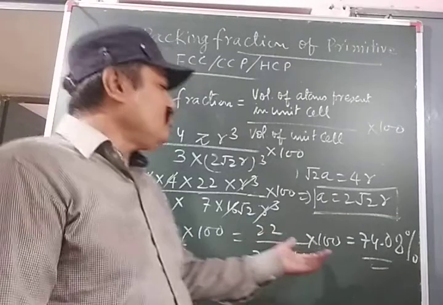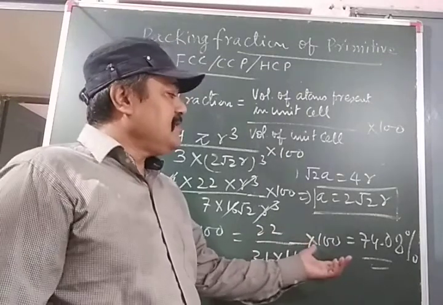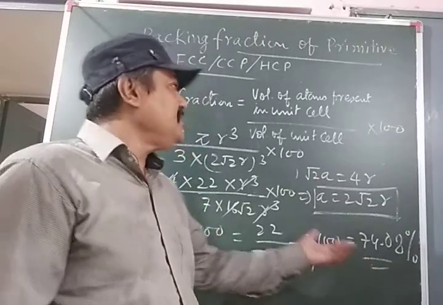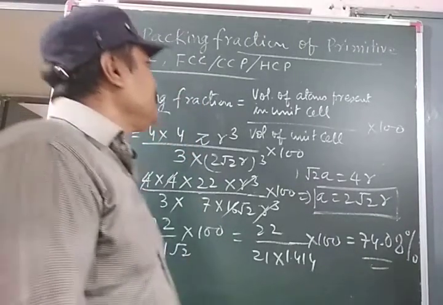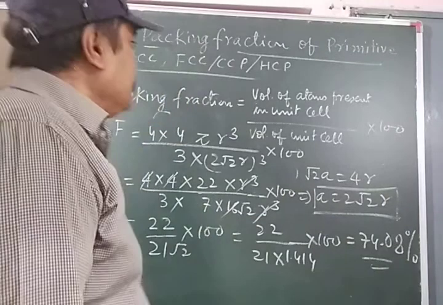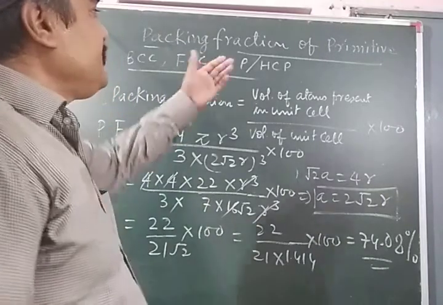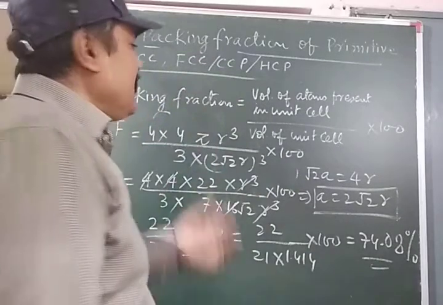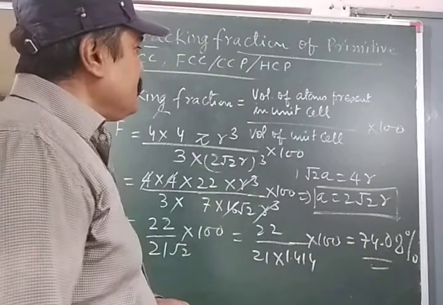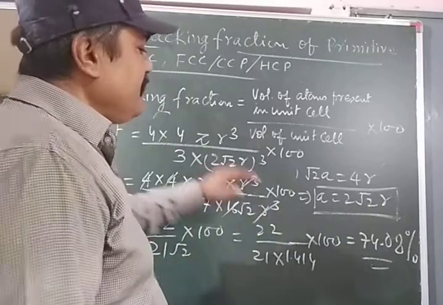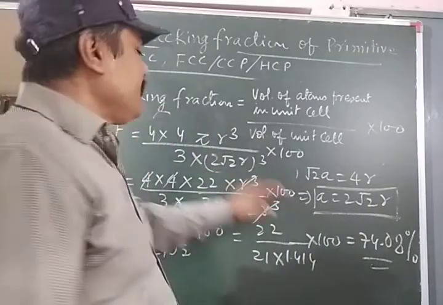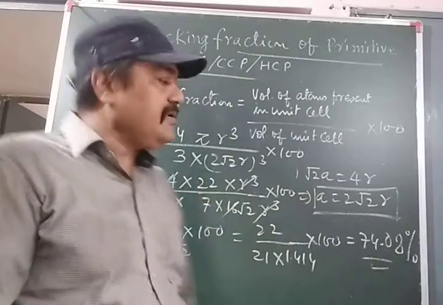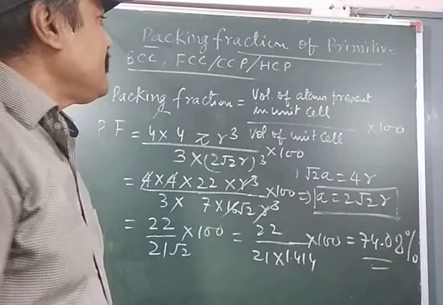So this is the most compact. हम ये कह सकते हैं इनमें जो voids का प्लेस, जो वेकेंट प्लेस है, that is the least in case of FCC, CCP और SCP. ओके, ठीक है। यहाँ SCP में नंबर ऑफ एटम 6 है, लेकिन ओवरऑल जब हम कैलकुलेट करते हैं, so we will find the same value of the packing fraction for SCP also, that is 74.08%. तो हम एक बार रिकॉल कर लें.